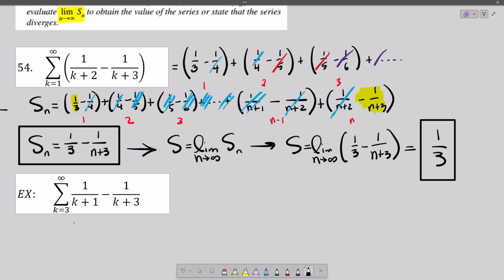You can think of it this way. The k values go 1, 2, 3, and then n minus 1, and n plus 1. So this is what you would keep plugging in. This is the sum of the first n terms if you start at 1. If you started at 2, this would be the sum of the first n terms. And if you started at 3, this would be the sum of the first n terms.